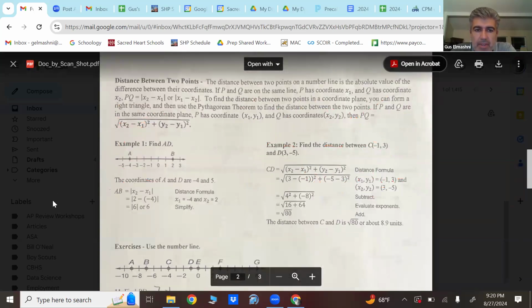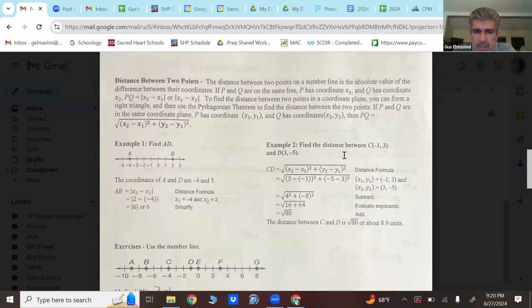Here they explain how to find the distance between 2 points on a coordinate plane. And really, this formula I'm not a big fan of because it could be daunting, with a lot of letters and subscripts. Really, it's just the Pythagorean theorem.